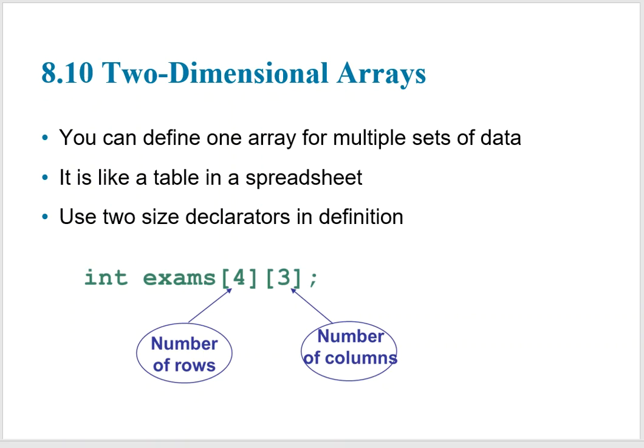I just want to go through one or two examples for a two-dimensional array, because the last time we had, I think, a parallel array, and your classwork requires a parallel array as well.